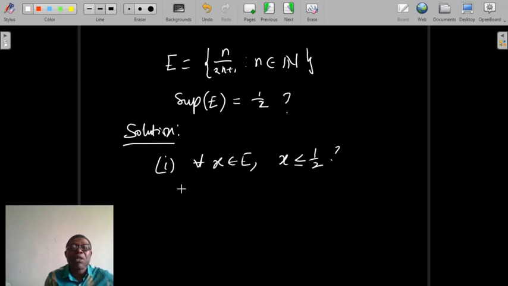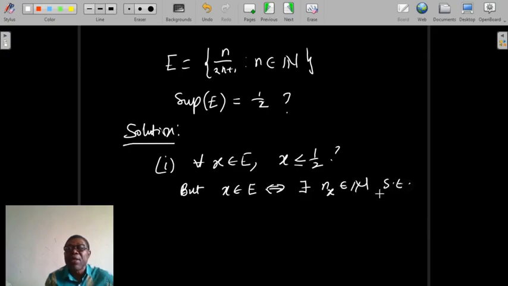Now, x in E is equivalent to saying that there exists a certain number n_x, depending on x, in the set of natural numbers such that x is equal to n_x over 2n_x plus 1. What this means is that every member of this set must be of the form n over 2n plus 1.